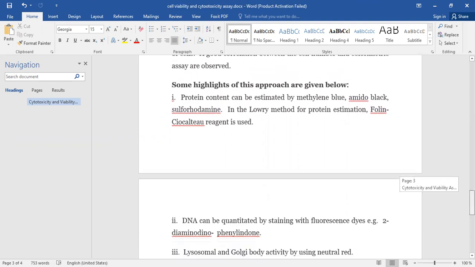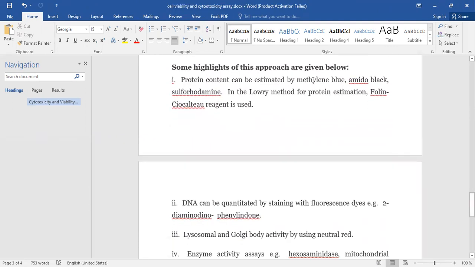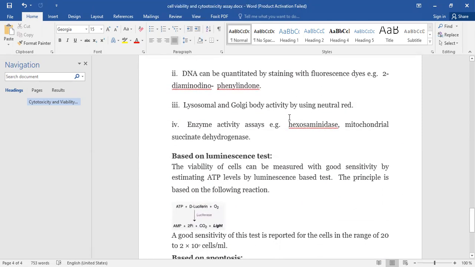Some highlights of this approach are that protein content can be estimated by methylene blue, amido black, and sulforhodamine dyes, and DNA can be quantified by fluorescent dyes. Lysosomal and Golgi body activity can be analyzed by neutral red.